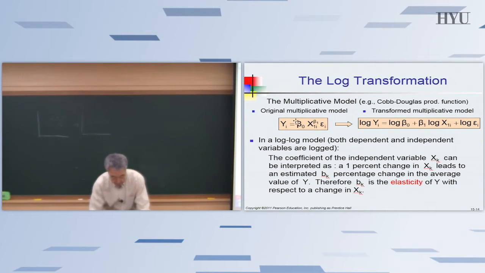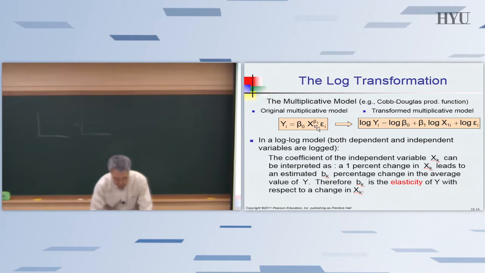Instead of beta naught plus beta 1 x1 plus error term, we have everything multiplied, especially the beta 1 is the exponent of x1, instead of a coefficient multiplied in front of x1.